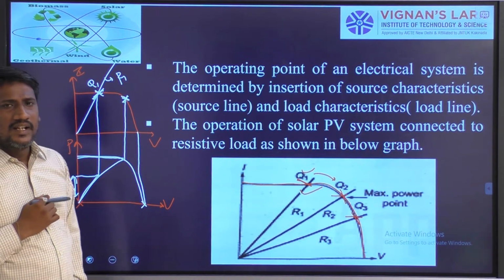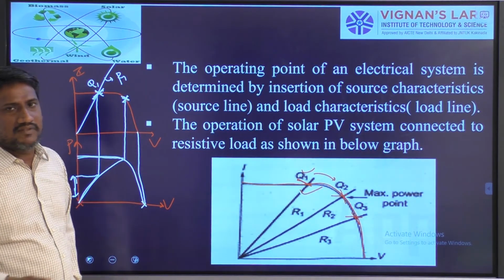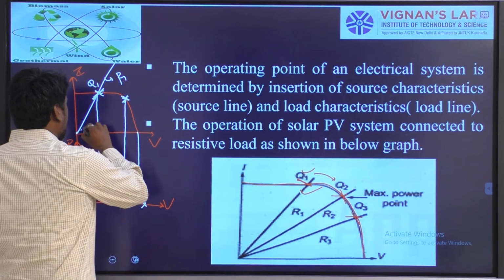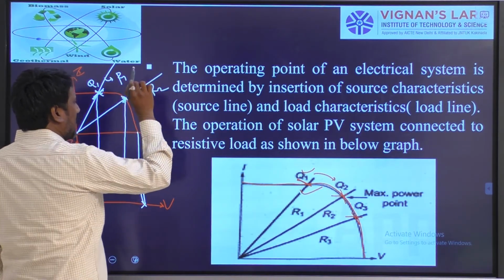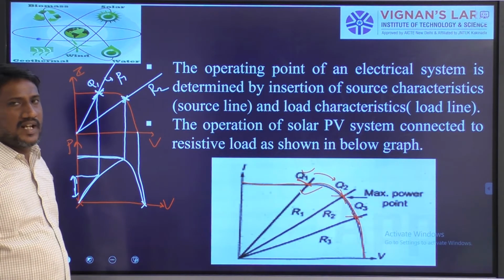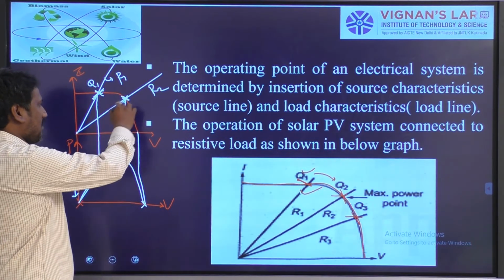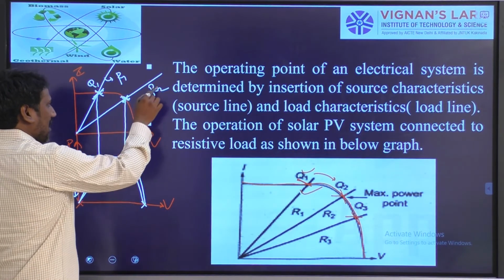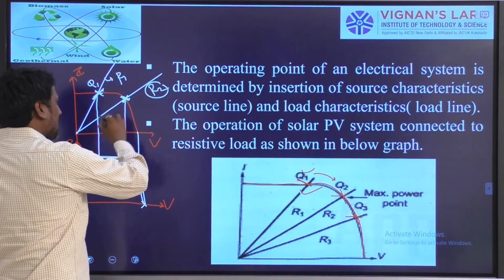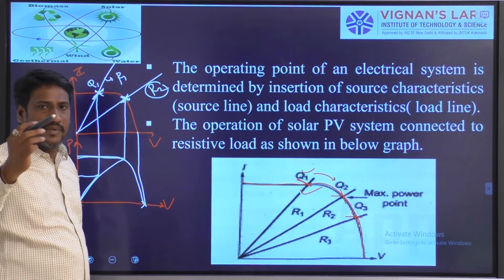Now I have changed the resistance to R2, such that the VI characteristics change. If you project the characteristics, at R2 the VI characteristic of the load will be like that. If you superimpose it on the same graph, it goes through the maximum power point. So if the load is at R2, the operating point and the maximum power point are the same.